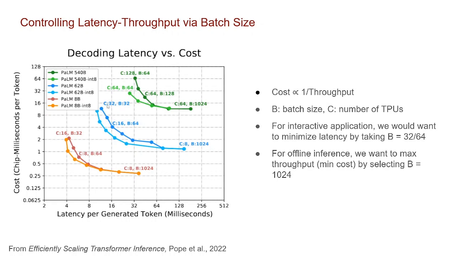C is for the number of TPUs, which right now we can ignore for our analysis here. And we observe that for all the models, as we increase the batch size, the latency decreases, but at higher batch sizes, the latency increases with increasing batch size, and it starts increasing more sharply. So latency is the x-axis.